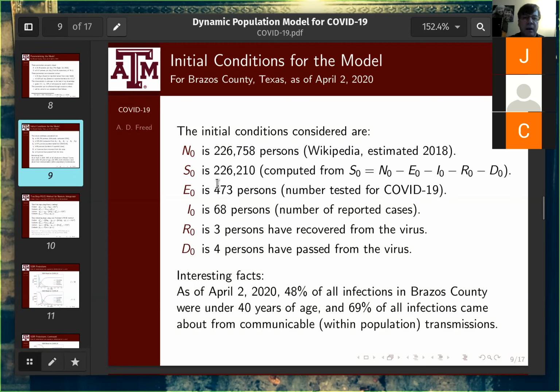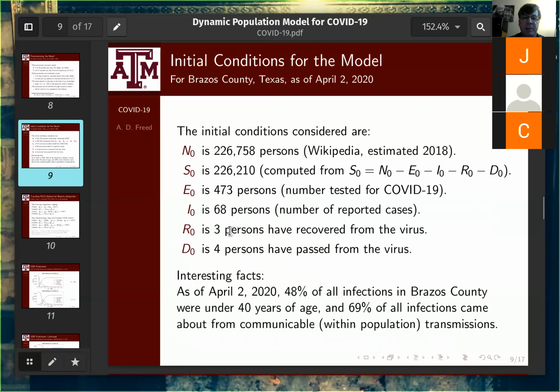And then the number of exposures, I took this to be the number of people that were tested for COVID-19 by April 2nd in the county, which was 473. The number of people that were infected were the number of reported cases. So I have an initial condition of 68.